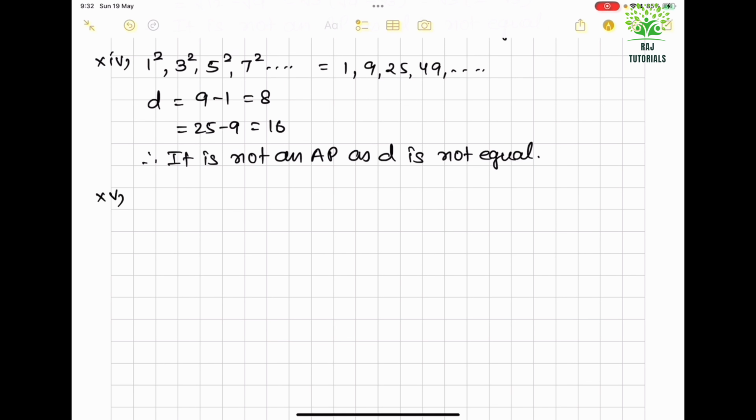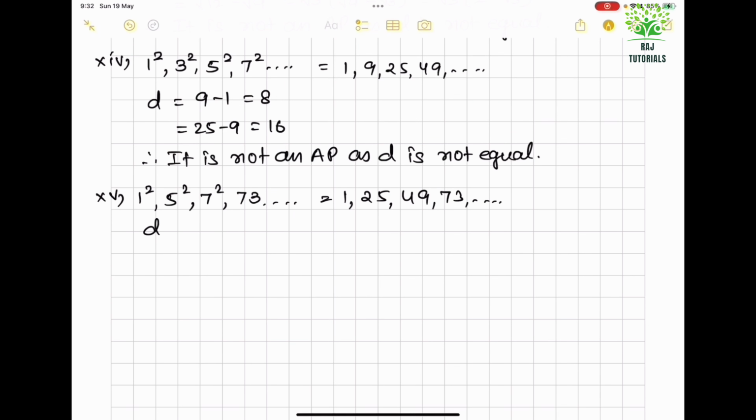Then the 15th: 1 square, 5 square, 7 square, 73, and so on. This I can write as 1, 25, 49, 73, and so on.